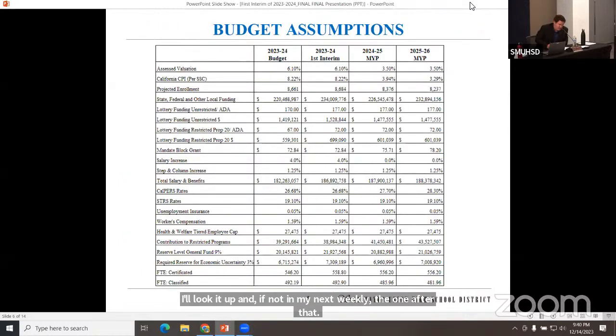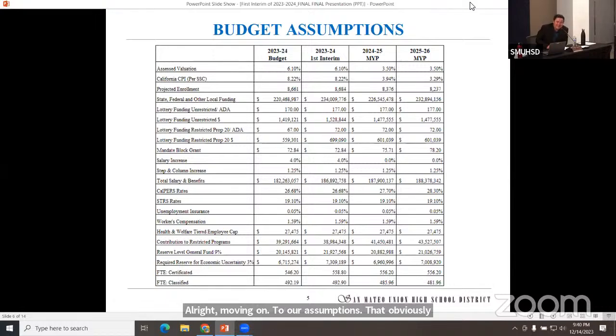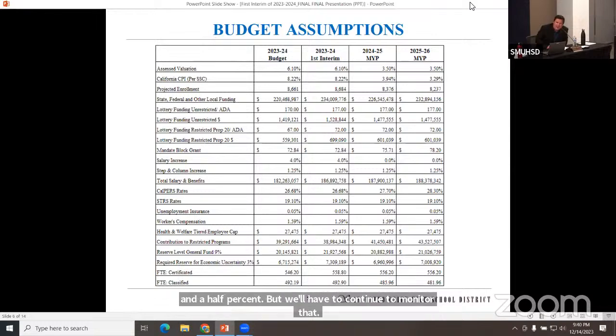to our assumptions. Obviously, we have a lot of assumptions used in there, so I'm not going to hit them all. But our assessed valuation is coming in right around where we projected at the budget adoption. In the out years, we project 3.5%, but we'll have to continue to monitor that, our assessed value tracker with our interest rate pressures.